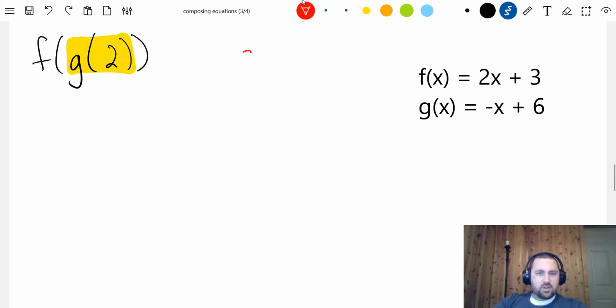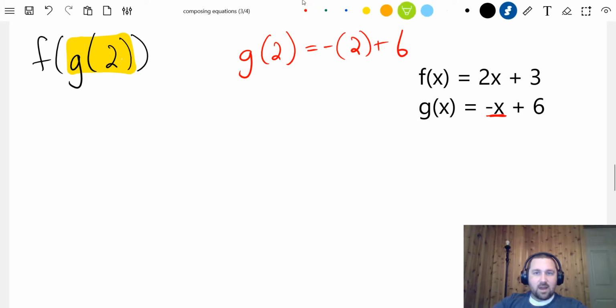I can't go to a table, but I can substitute 2 in for x here. So g of 2 would be negative 2 plus 6. Negative 2 plus 6 is 4. So g of 2 is 4.